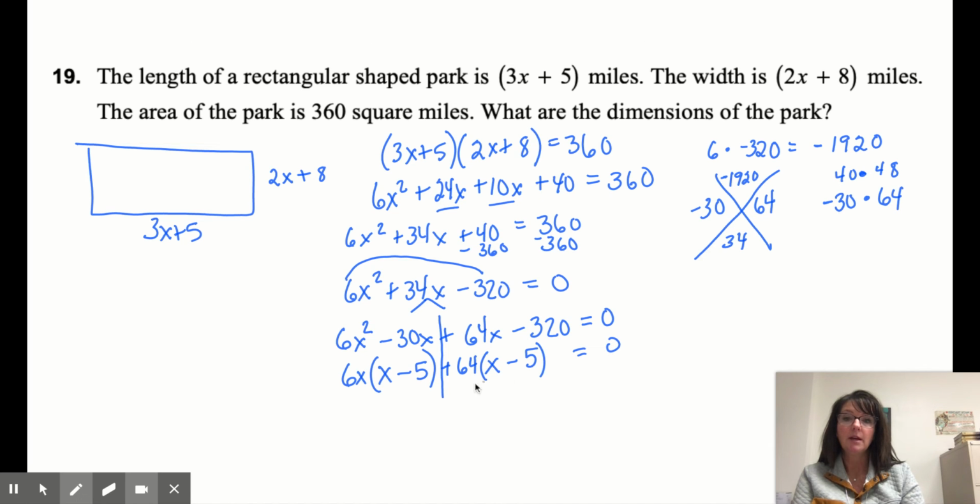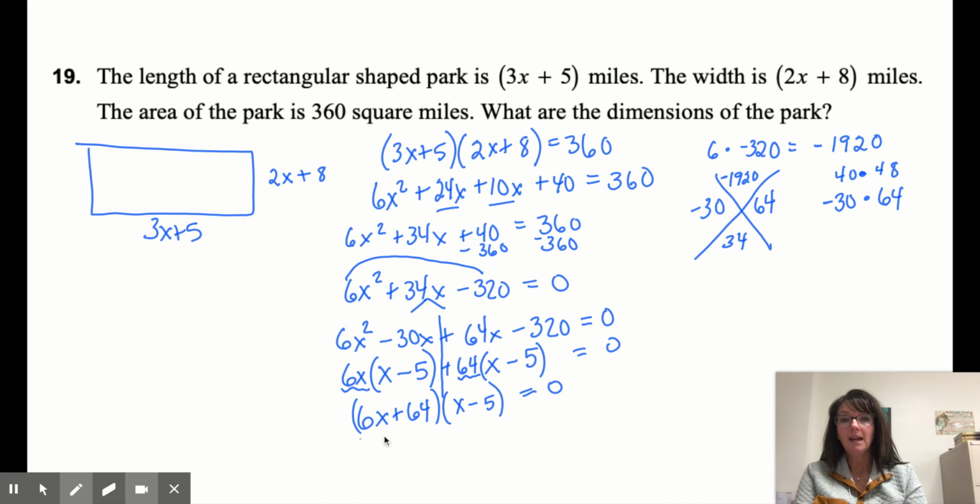Still equal to 0. So we have our binomials here. We have the x minus 5 and we have the 6x plus 64. So 6x plus 64 times x minus 5.